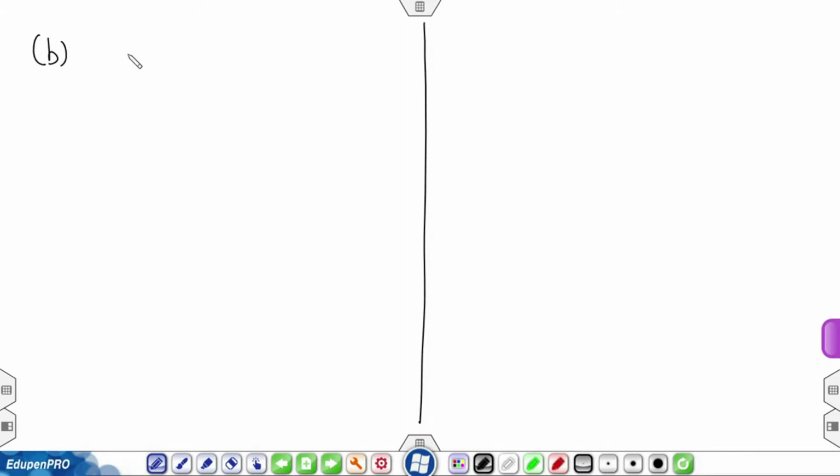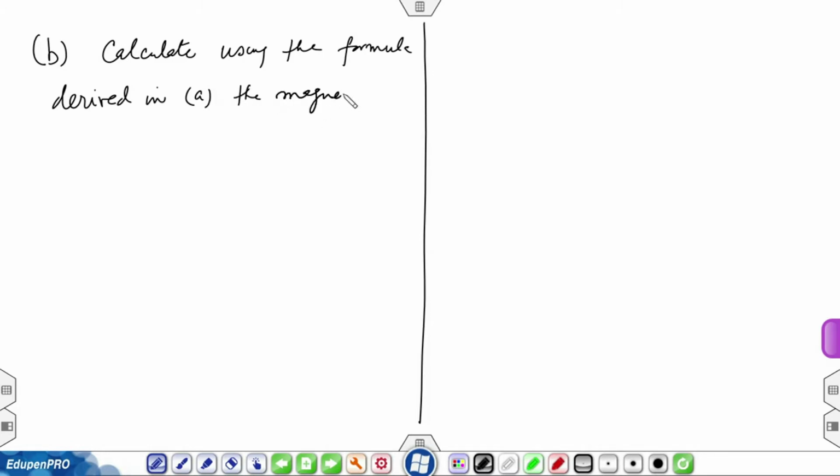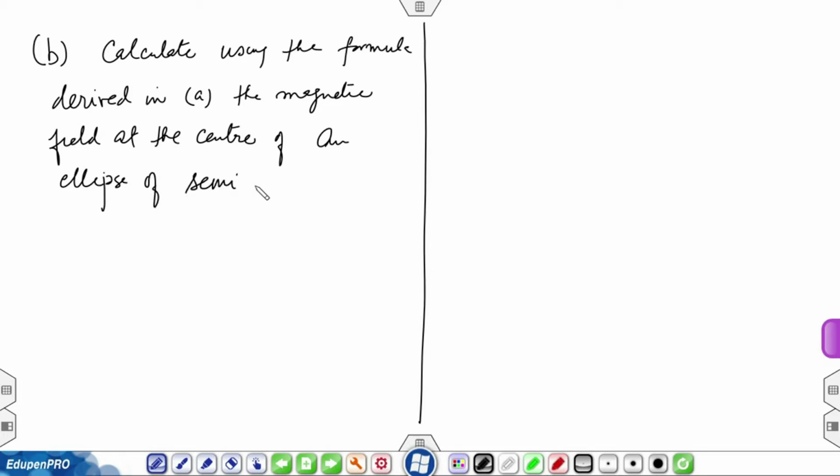Let's go to part B of this problem, and part B says calculate using the formula derived in A, the magnetic field at the center of an ellipse of semi-major axis of size 2a and semi-minor axis of size 2b.